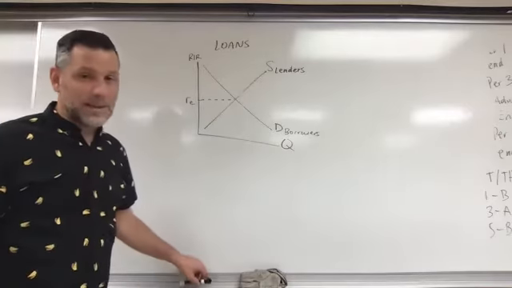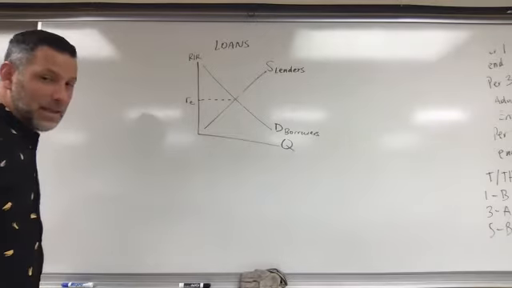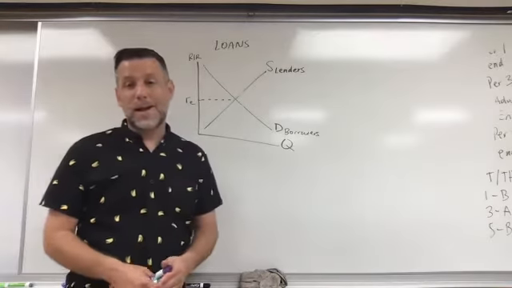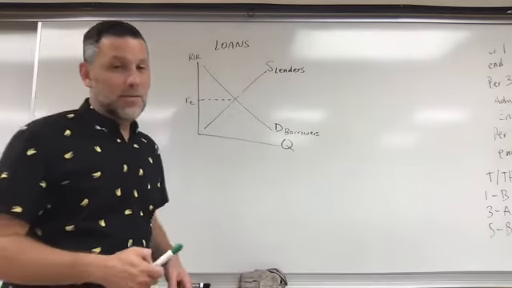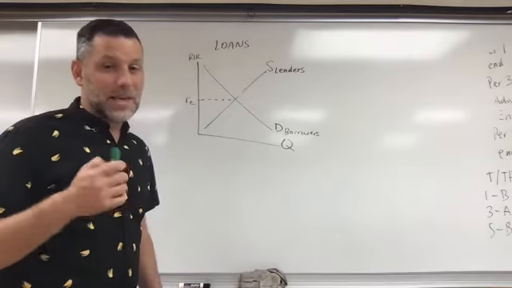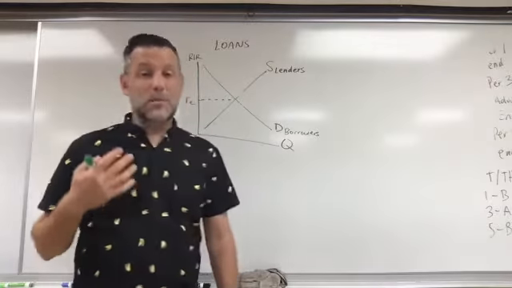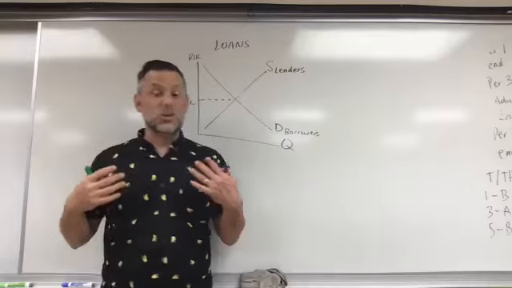This one is a little bit weird because different professors teach it different ways, so I'm going to show you two different ways to show what happens when we have an increase in government spending. When government spending goes up and it leads to an increase in borrowing, the way the government actually borrows money is that it issues bonds.